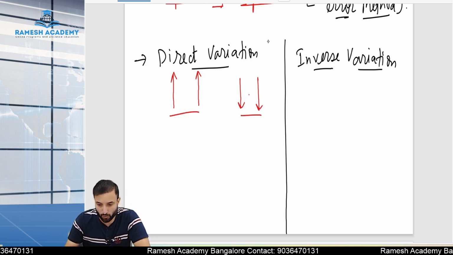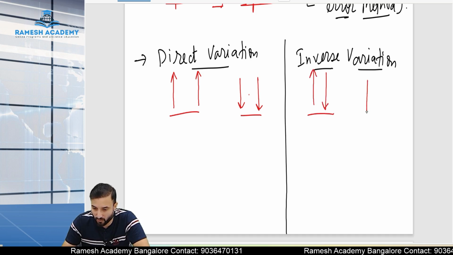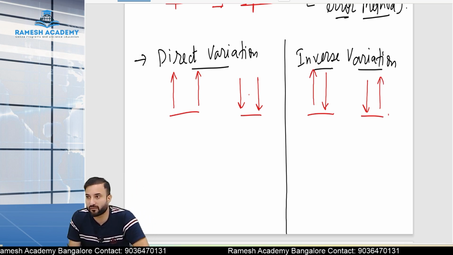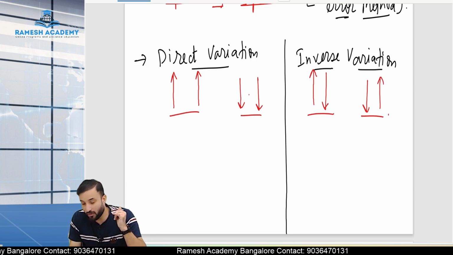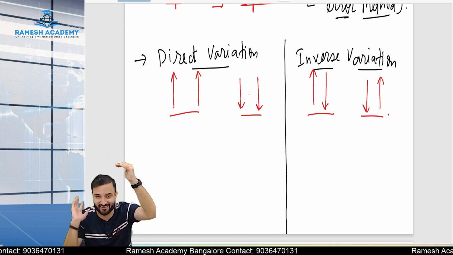Now inverse proportion. Inverse proportion means if one quantity increases, the other quantity will decrease. Or if one quantity is decreasing, the other quantity is increasing. Right? So you can say price and demand. If you are increasing the price, obviously the demand will decrease.